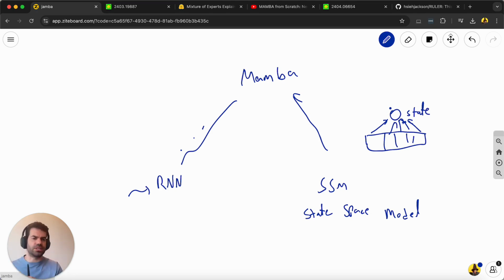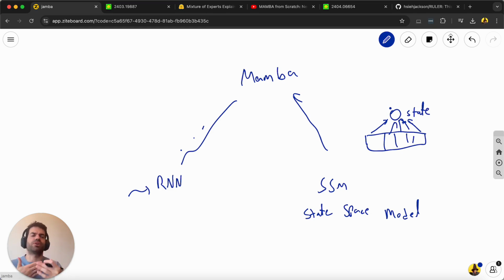Not actual quantization that happens in the model, but the idea of quantization, where instead of every time I want to process a new token and predict a new token, looking at everything that happened so far, which is what a Transformer is doing, I'm looking at a state, a representation of all the things that happened before, and this state keeps updating every time.